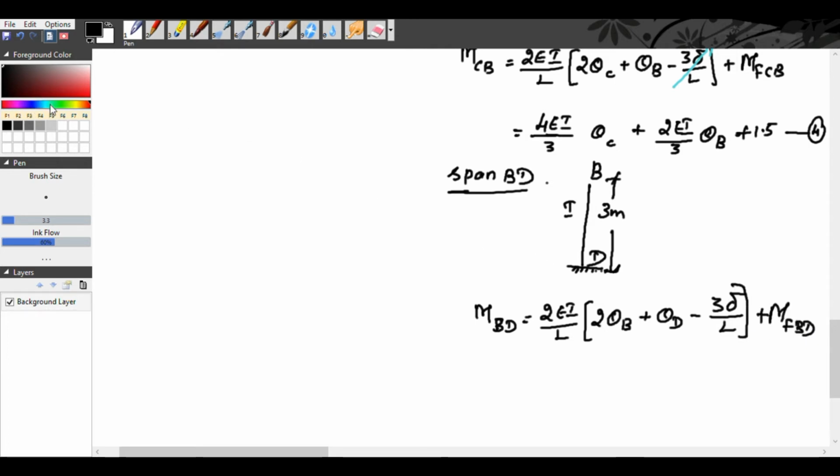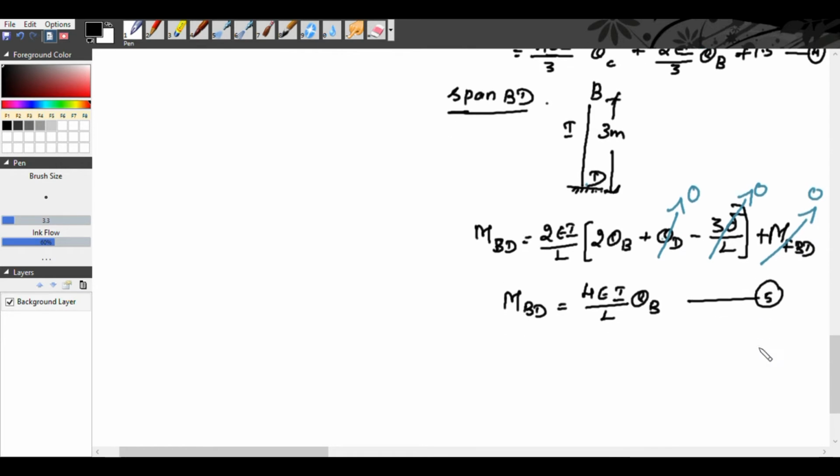And there is no settlement of support given. Therefore, this delta term becomes 0. D is fixed support, so theta D becomes 0. There is no external loading, so fixed end moment also becomes 0. So, the remaining thing we have is MBD is equal to 4EI by L into theta B. This is our equation number 5.